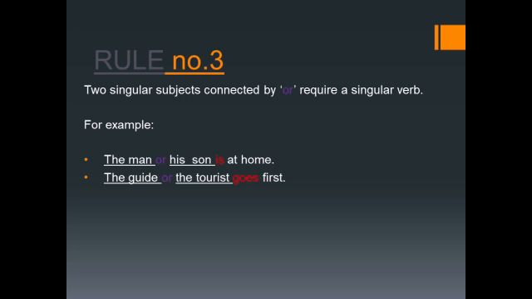Now the second example: the guide or the tourist goes first. Guide and tourist are singular subjects and goes is a singular verb. Again, students, remember the verb is singular when two or more singular subjects are connected by or, nor.